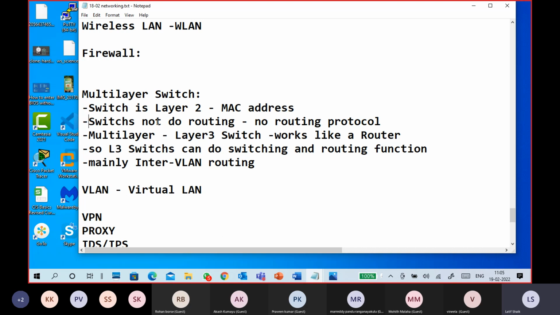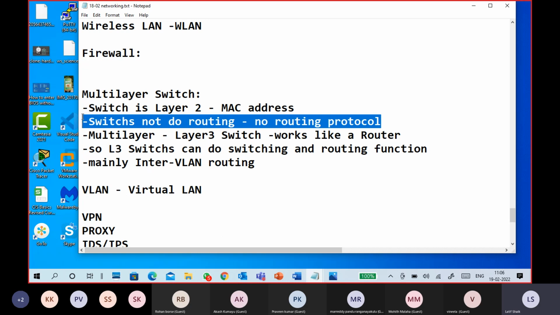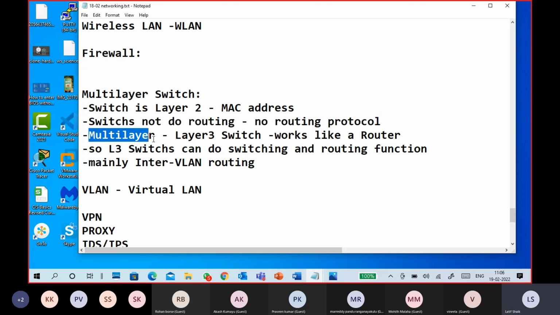Generally, switches do not do routing and do not understand any IP addresses or routing protocols. A multi-layer switch means a layer 3 switch, like a router.